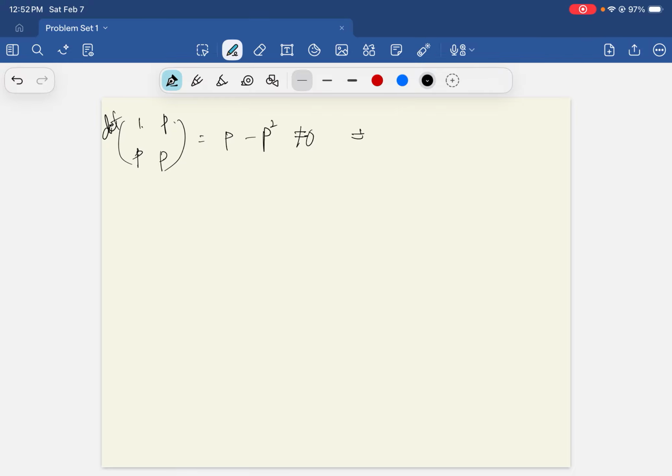Then it's a familiar form. For this to be non-zero, p cannot be 0 and p cannot be 1, because it is p times 1 minus p. This is the probability of man, and this is the probability of woman, so neither should be 100%.